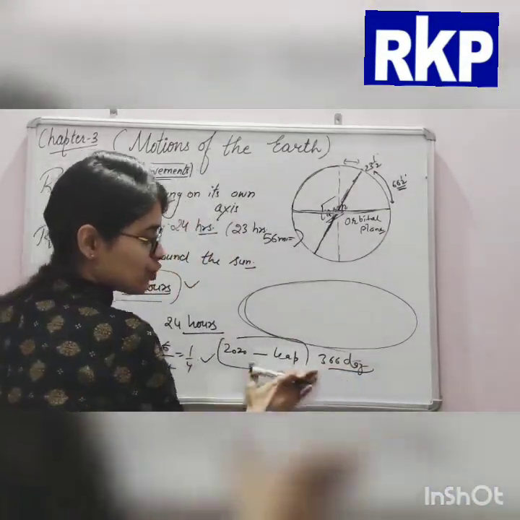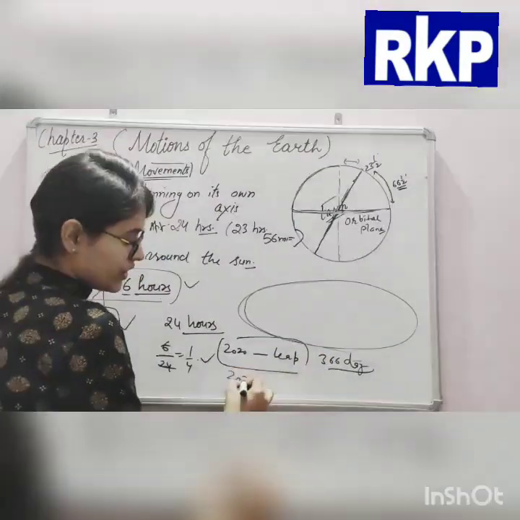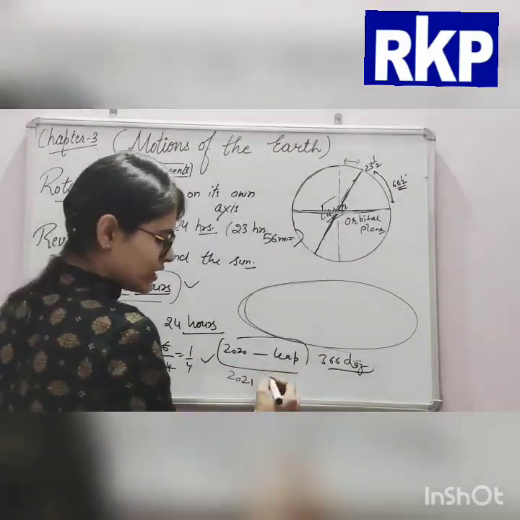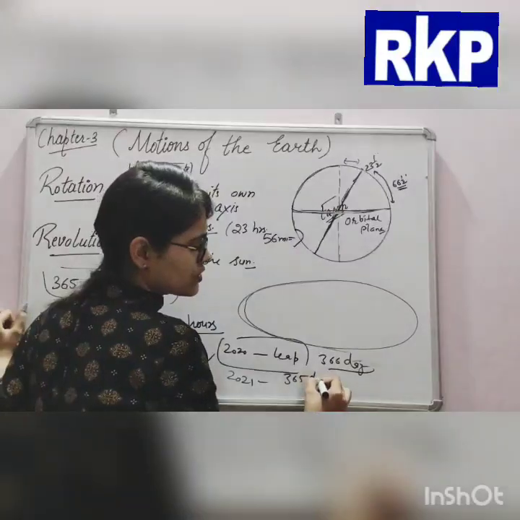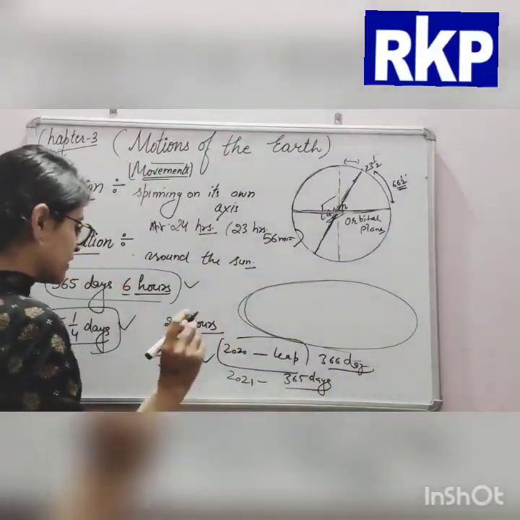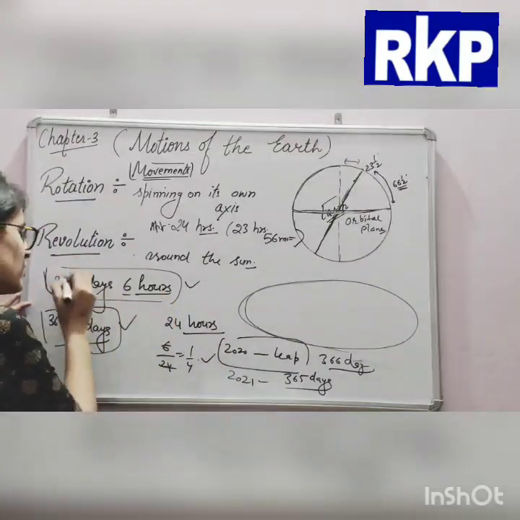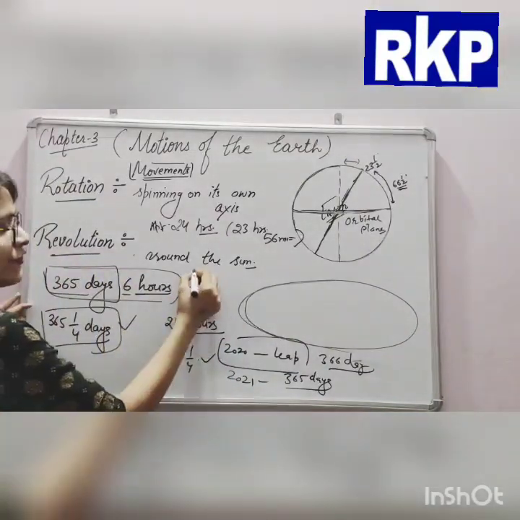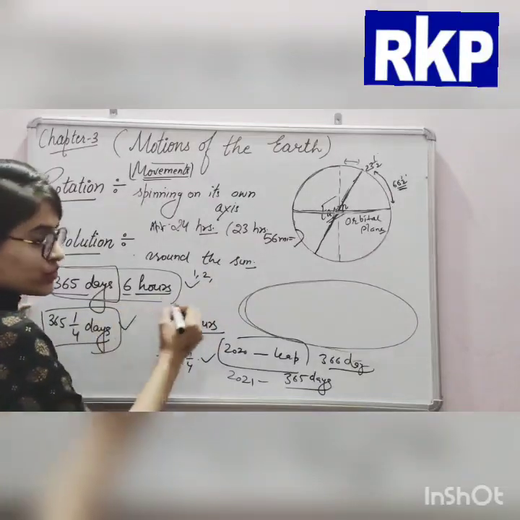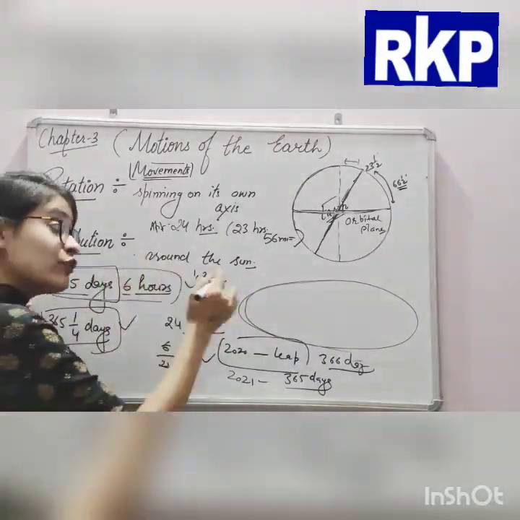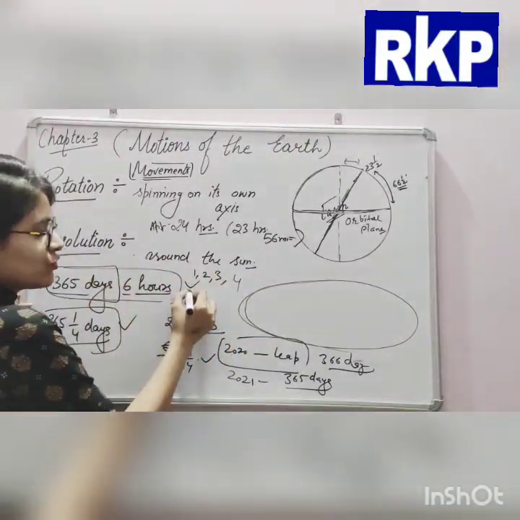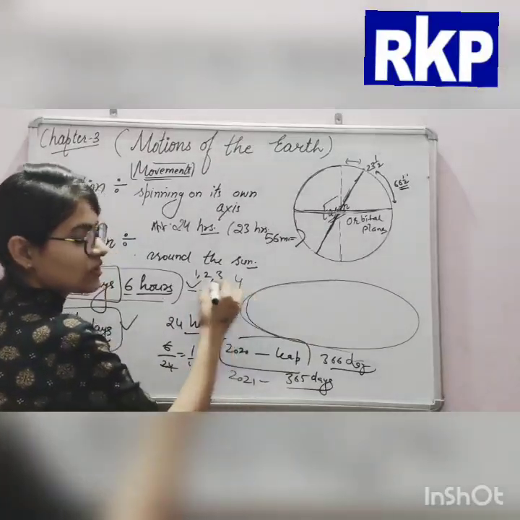But a year that is not a leap year, like 2021, is a normal year in which 365 days are there. It means in the first year we take only this, first year also, second year also, next year also, and fourth year also: 365, 365, 365 and 365.